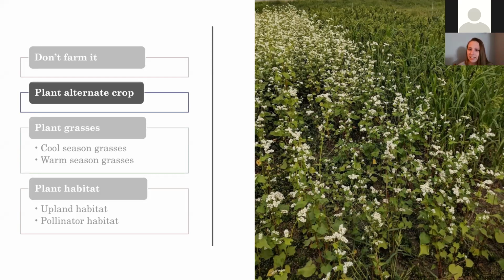Something that's easy, that doesn't require really any inputs, that you could just leave there as a sort of cover crop if you felt like it, or harvest it for either forage or seed. So great options for that are buckwheat or millet. Again, pretty cheap seed, easy to throw down, easy to come up, and you can do what you want with it from there.